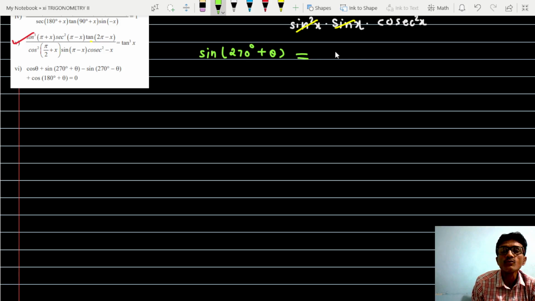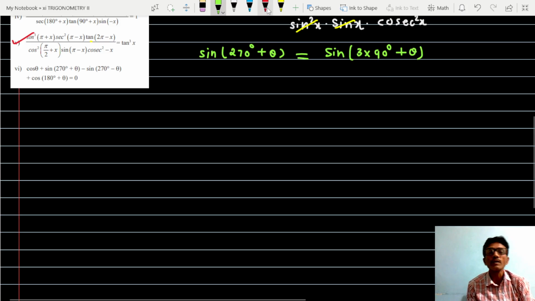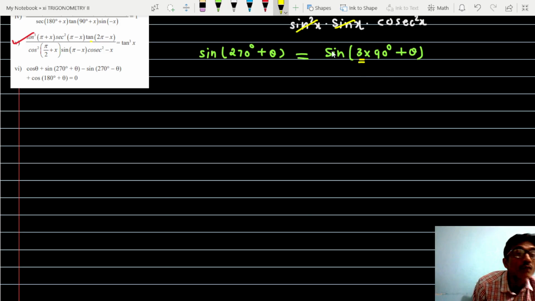Okay, 270 degree means 3 times 90 degree, so it is 90 degree plus theta. This is an odd multiple of 90, so sin will change to cos. Odd multiple of 90, so it will be cos of theta.